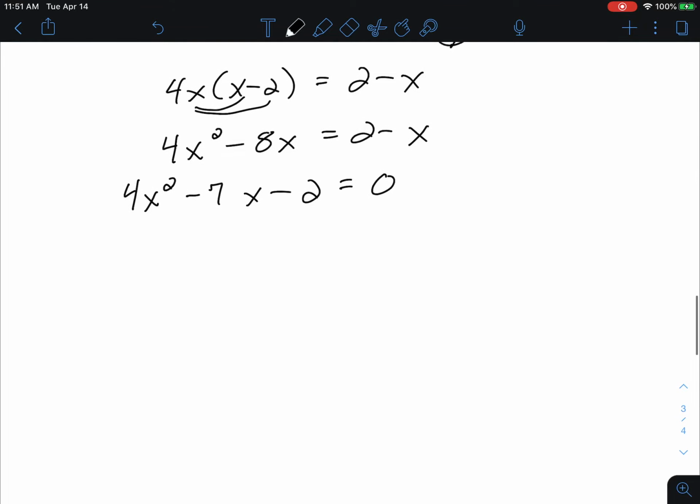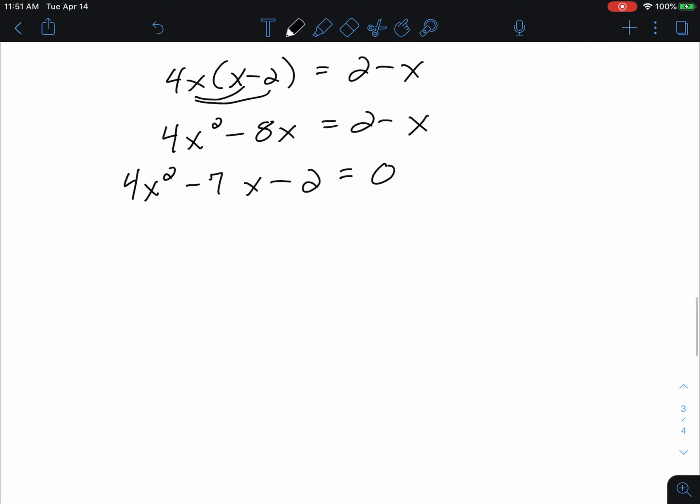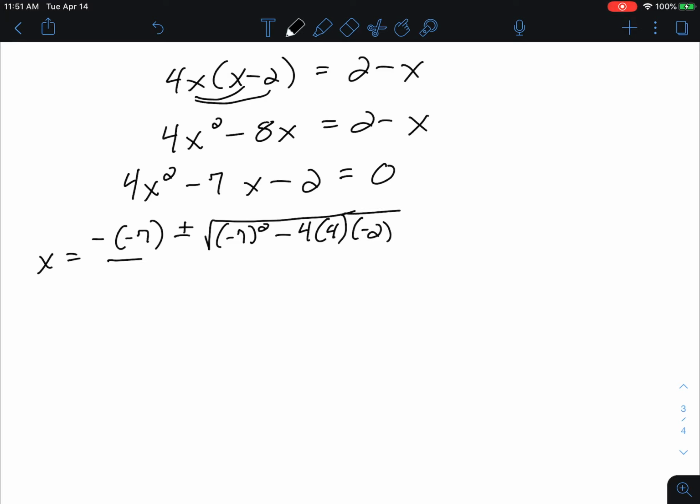So I'm going to scroll this up here a bit. Okay, so x equals negative b plus or minus the square root of b squared minus 4 times a times c, all over 2 times a, which is, should have made that substitution, sorry, which is 4.